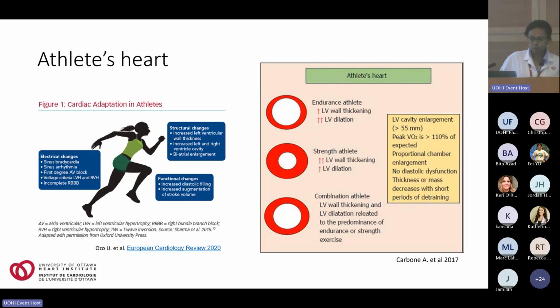The LV remodeling that takes place in the athlete's heart can be either eccentric, concentric, or not undergo remodeling at all. We've been told the Morganroth hypothesis that says the athletes engaged in endurance sports develop eccentric hypertrophy, whereas those that do resistance training, such as weightlifters, are likely to undergo concentric hypertrophy.